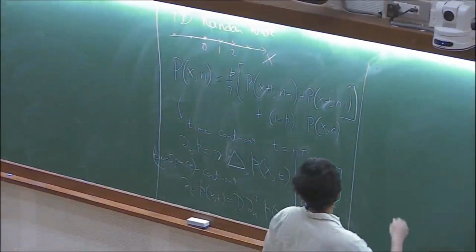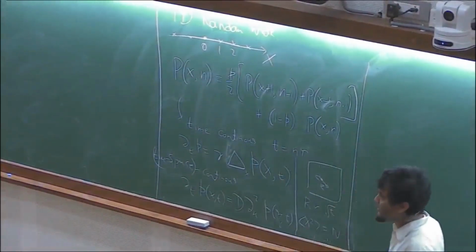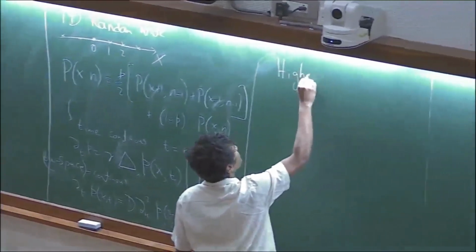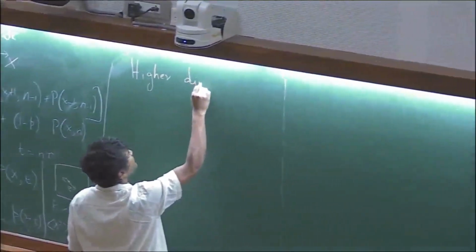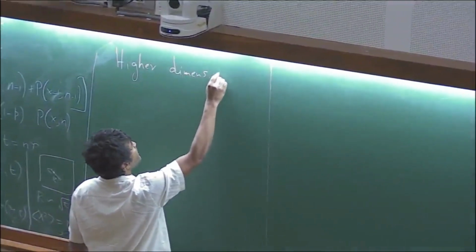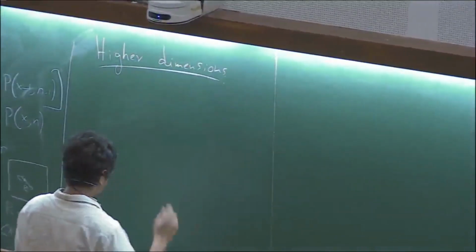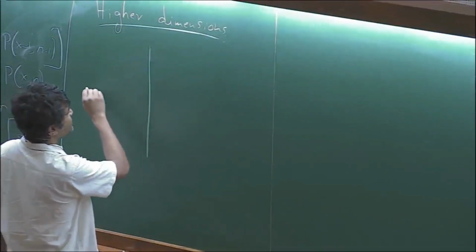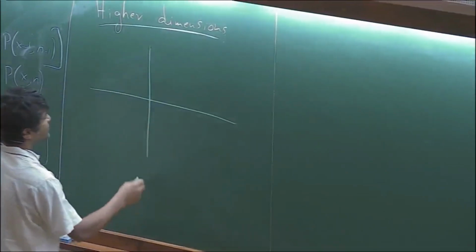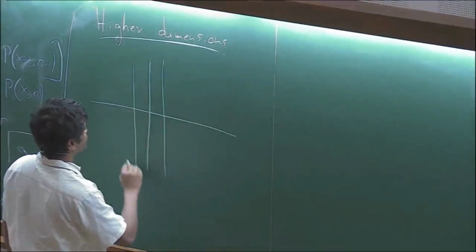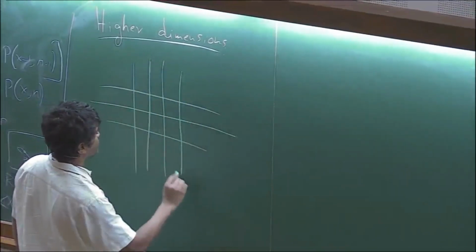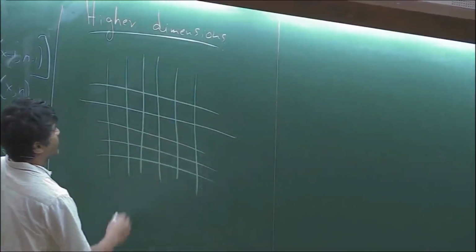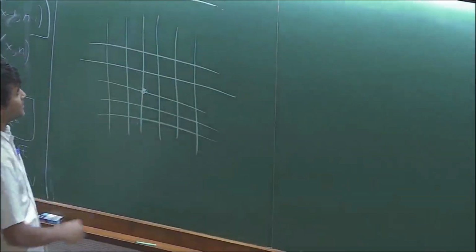Okay, so now we'll do the same thing in higher dimensions. Let's start with, let's say, a 2D lattice. And this random walk starts from somewhere.